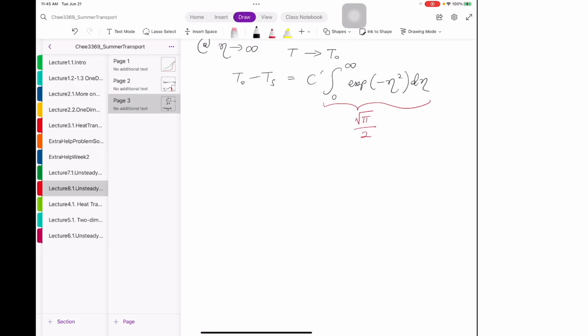So C prime comes out to be equal to 2 over square root of pi (T0 minus Ts).